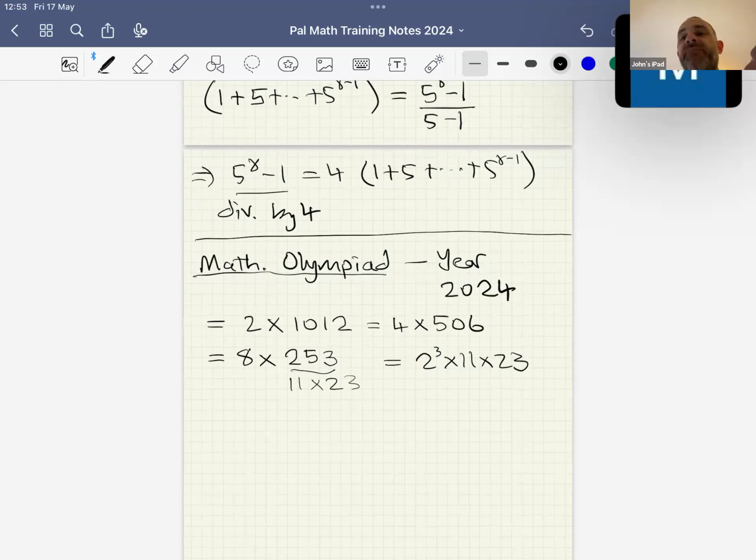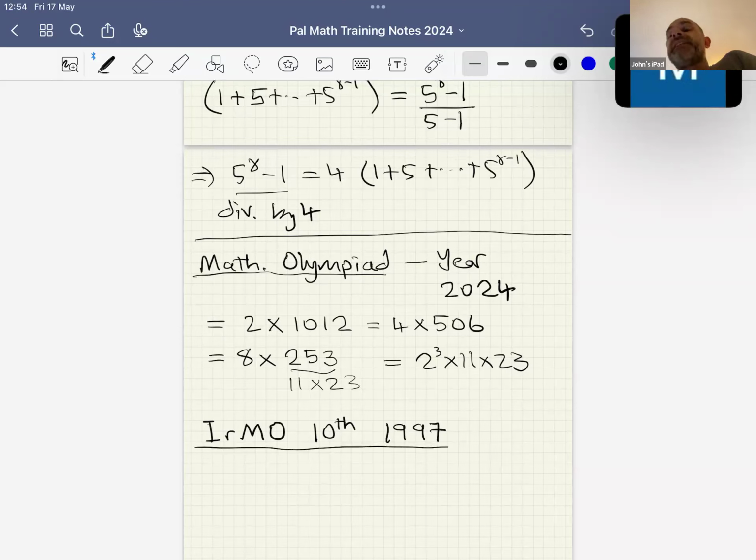Okay, so here's my problem, and this is quite an okay problem. The Irish Maths Olympiad, so this is the national training contest. It's the 10th competition, so it was 1997. And just to stress that these national competitions are easier than the international one.